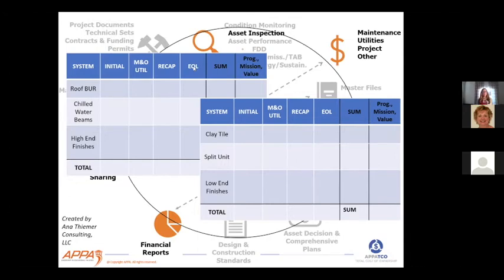Obviously, including that programmatic mission and value. You may have 3, you may have 4 options, depending on how many options you want to see with this total cost of ownership. But it's definitely including all of these costs as you're making those decisions. All right, any questions here so far in terms of the new construction, the new asset?